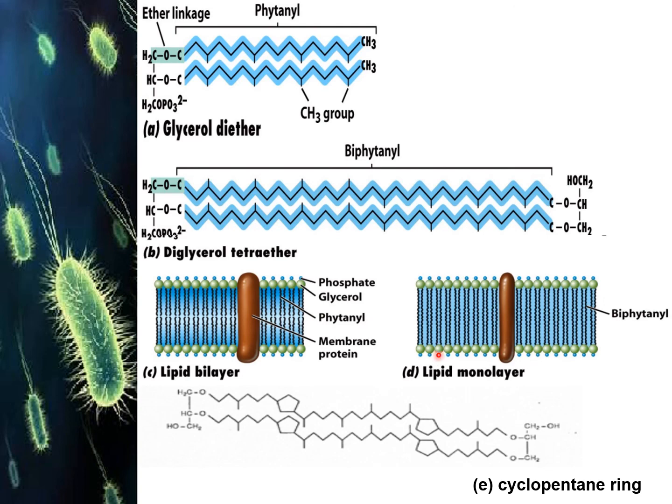Also, when the phytanyl chain is attached to the glycerol from the opposite sides, it forms a lipid monolayer. This is called the diglycerol tetraether bond. And lastly, they have a cyclopentane ring, as you can see here, which changes the fluidity of the membrane.